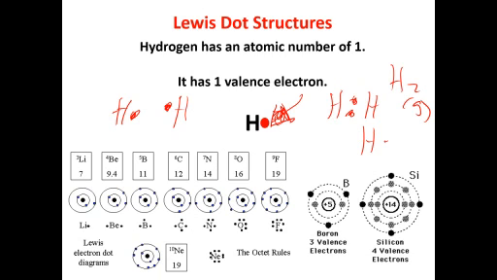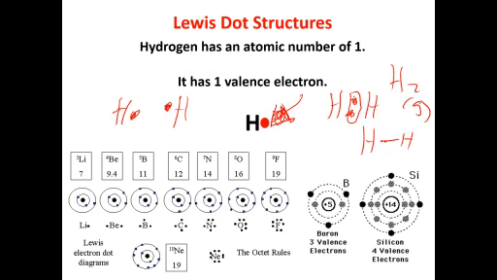You have a single bond holding these 2 atoms together. You have a shared pairing of electrons. Lewis dot structures are useful, so this is why we're going over them, because to understand chemical bonding, you have to understand valence electrons and how they're either shared or donated between atoms.